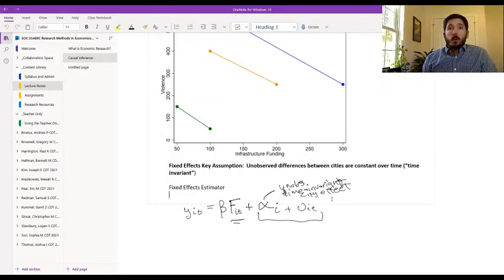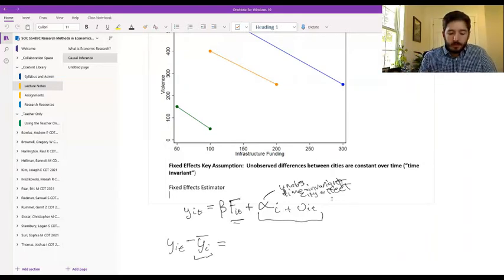So what are we doing with the fixed effects estimator? Well, we're going to pull out the mean for all of these different variables, across the board. We're going to pull out the mean of y. What I mean is, if we've got a bunch of different time periods where we observe city i, we're taking the mean violence over time for this city.